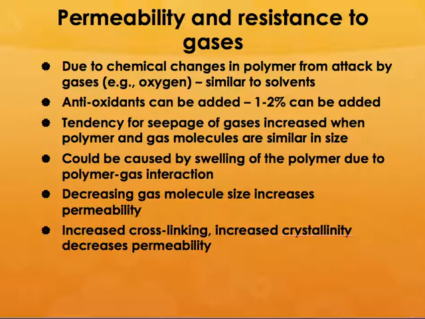If your gaseous molecules are extremely small, then they would tend to seep very easily and go through the composite matrix itself. So you have to have specific type of testing. For example, you need to evaluate what is called the barrier property.